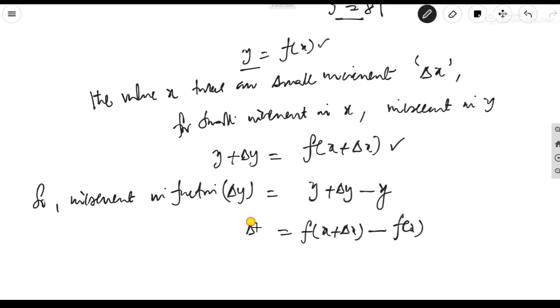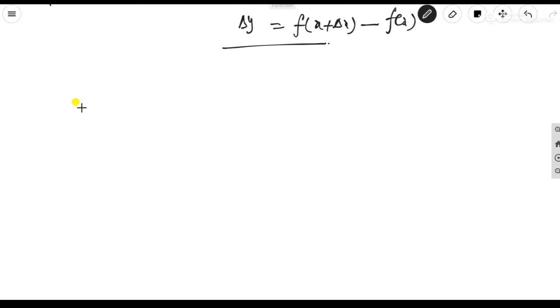That means the increment in y is equal to this much, right? Now this increment we have got is delta y, which is f of x plus delta x minus f of x, right?